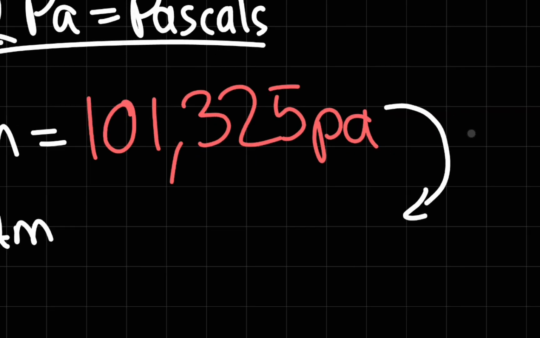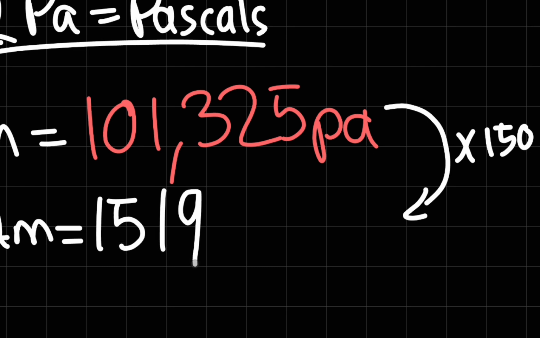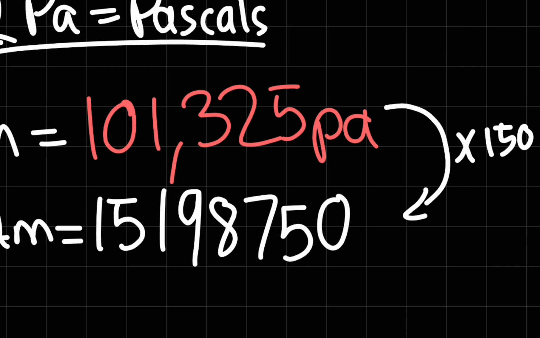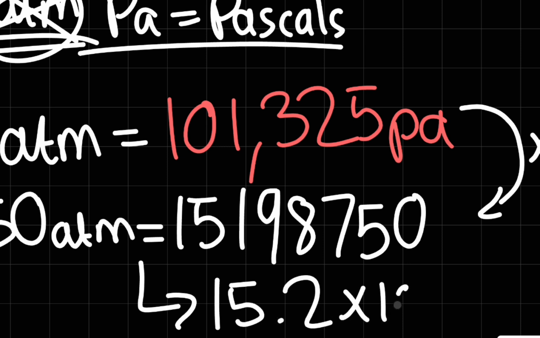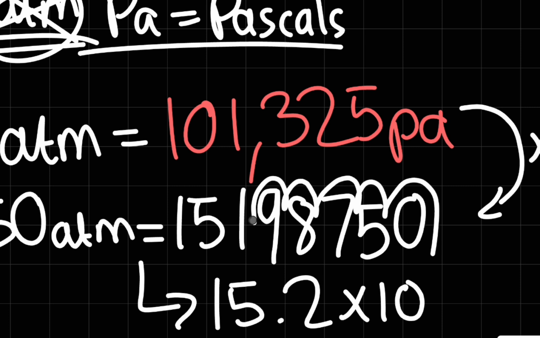So we'll times this by 150 to get to this. And this very long number is what it gives. And that could be simplified to maybe 1, 2, 3, 4, 5, 6.